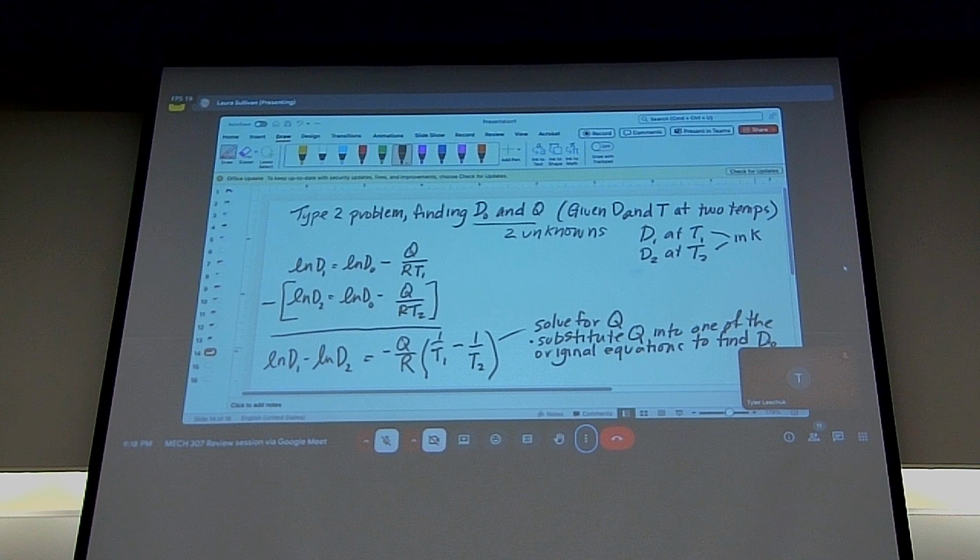And then if you're asked to find D at a third temperature, you'll just use Q and D0 to do that.